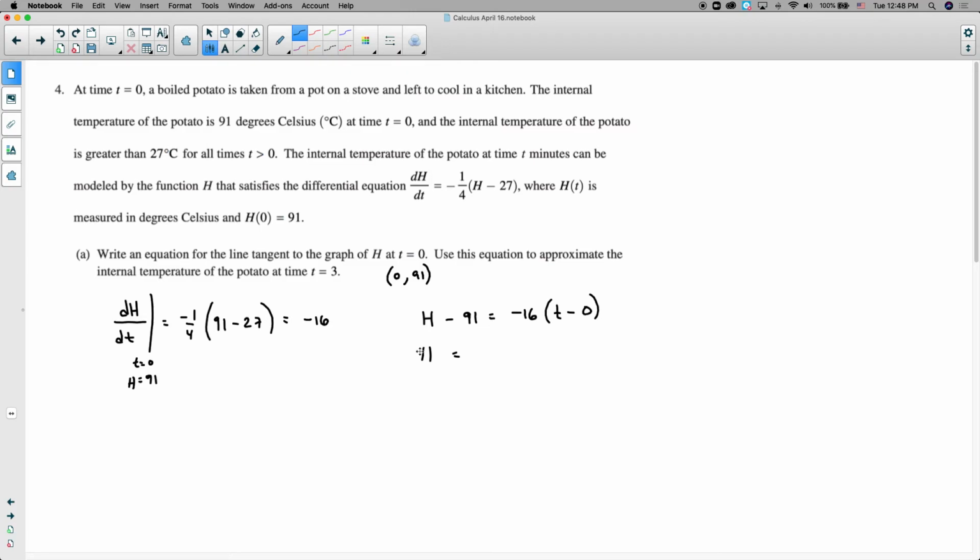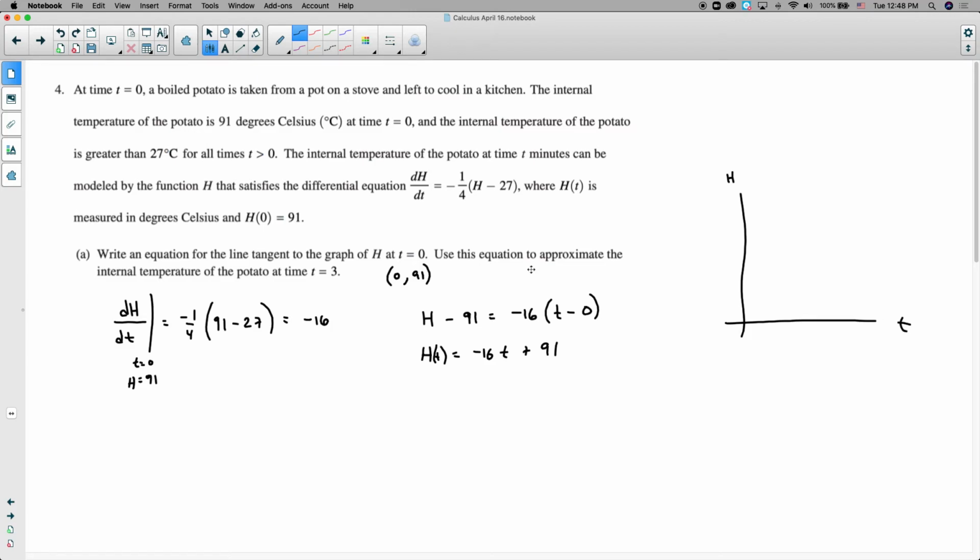But that's all right because we still have t as the x-axis and h as the output axis. So I'm sticking with my h's and t's. So what is this? Negative 16t plus 91. If we would like to talk about this as h of t, that'll be fine. But that is not the function, that is the line that butts up next to the function.